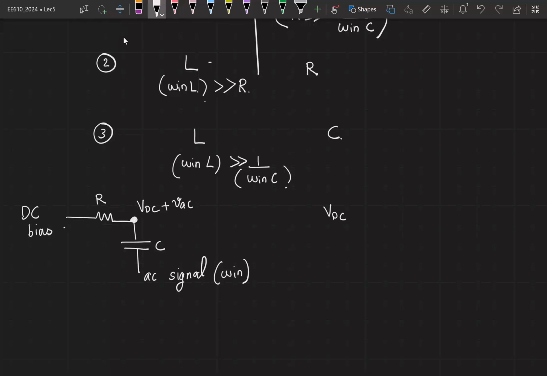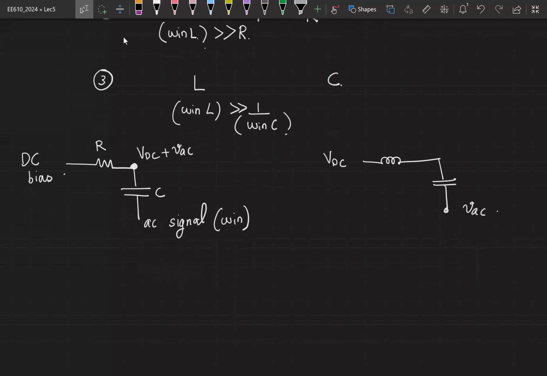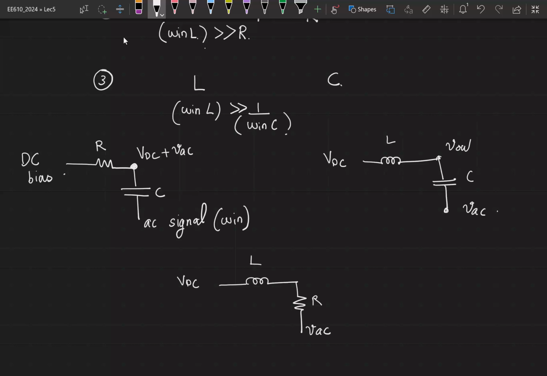The other configuration is inductor followed by a capacitor, or you could have inductor followed by a resistor. Now all of these are called AC coupling circuits.